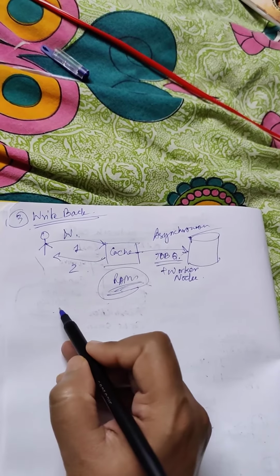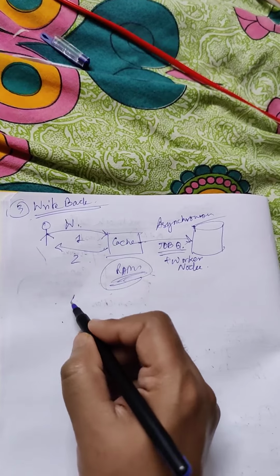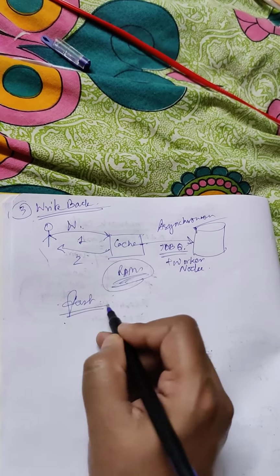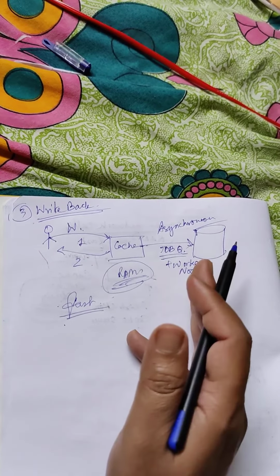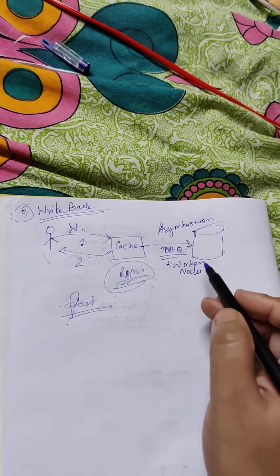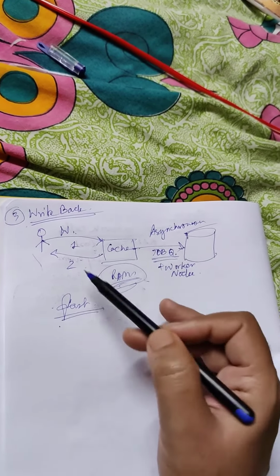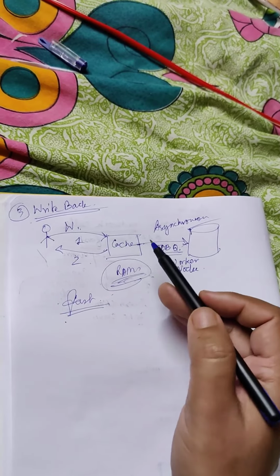So the advantage, first of all, is that it's very fast, because whatever you are doing is on the cache, and later you are making your persistent database active, but at first you are targeting your primary database, which is the cache server.